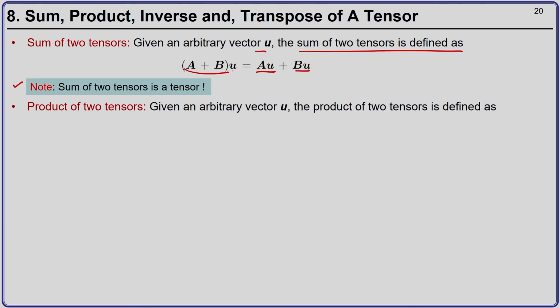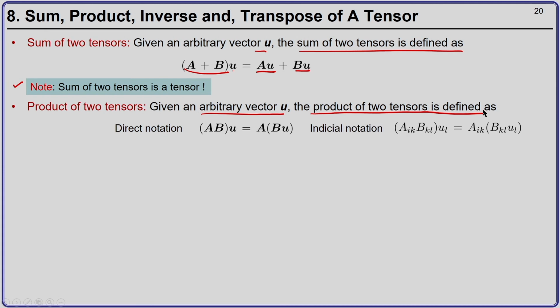Product of two tensors. Given an arbitrary vector u, the product of two tensors A and B is defined as (A B) u is the same as A (B u). This can be written in indicial notation, which is given over here.